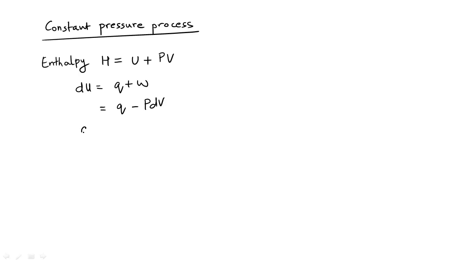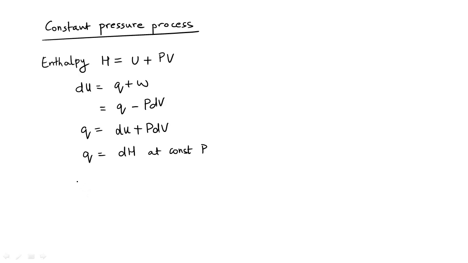So the heat absorbed is equal to dU plus P dV, and we can write this heat absorbed in terms of the change in enthalpy of the system at constant pressure. We can see that this looks analogous to Q is equal to the change in internal energy at constant volume on the previous slide.